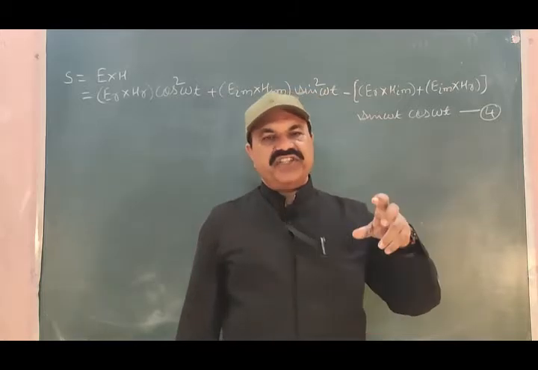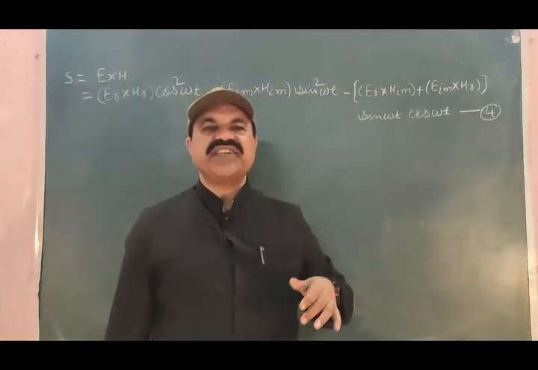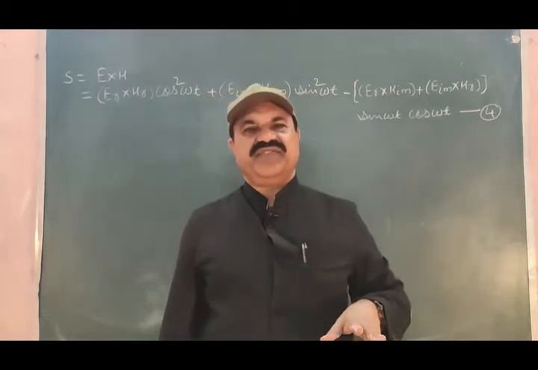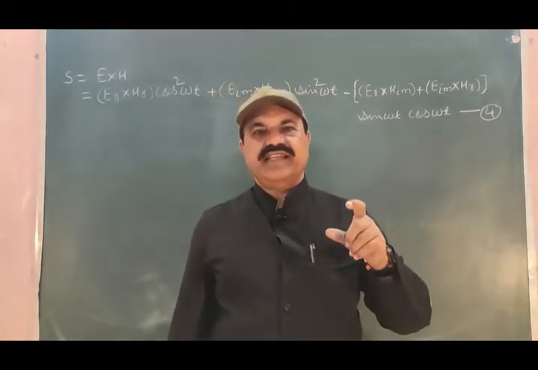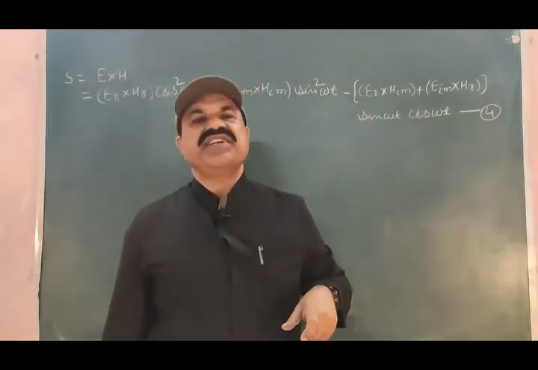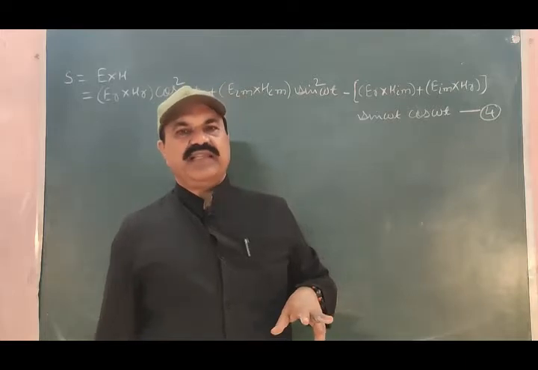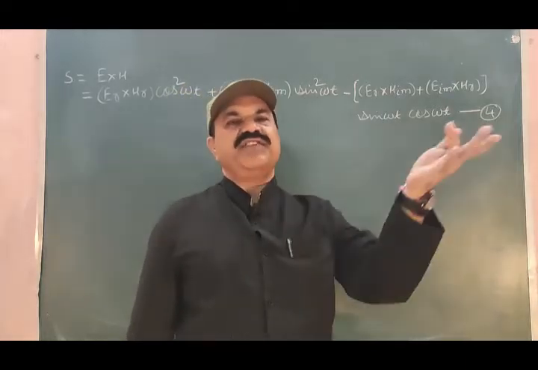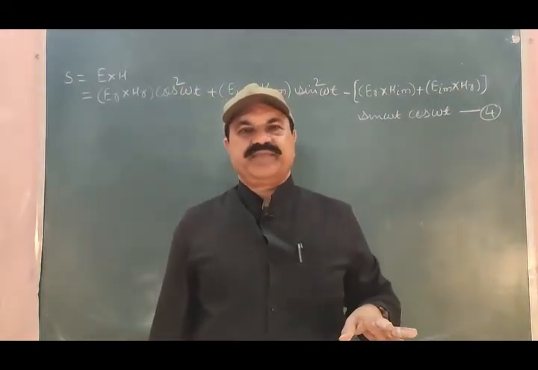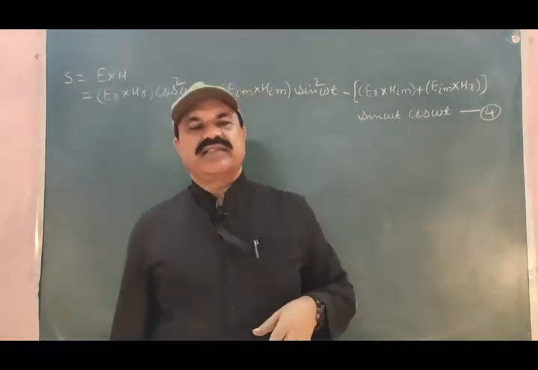The Poynting vector in the time varying fields will be the instantaneous Poynting vector. Its value may be different at different times. At a particular time, its value will be constant.